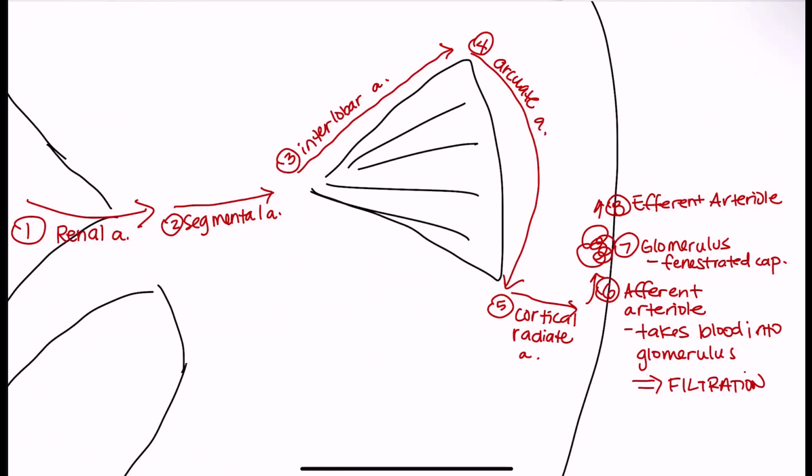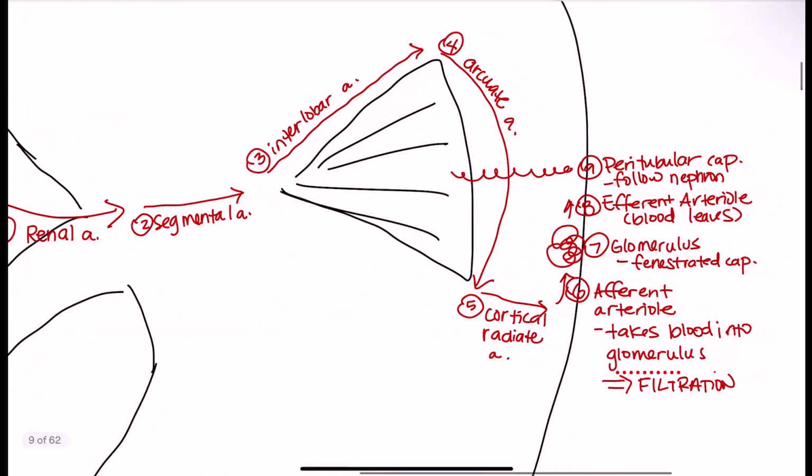The efferent arteriole takes blood away, so we'll write blood leaves. Number 9 are called peritubular capillaries. Peritubular capillaries really just track along the nephron tubules. Kind of draw them like this. So they follow the nephron tubules.